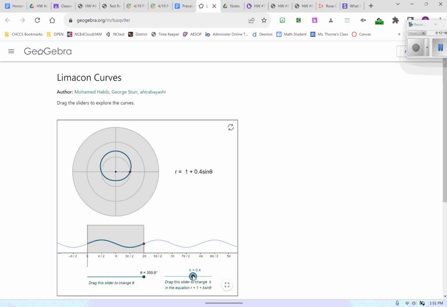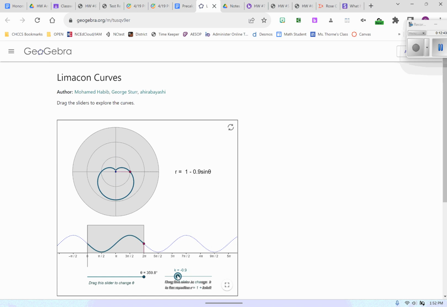So let's go back here. Notice that when we get past that, this is where we start to get our convex limacon, which looks flatter on this side, because your amplitude is getting smaller and smaller, and it's getting closer and closer to a flat line, which resembles more of a circle. And if that value wasn't there, of course, it would just be a circle.